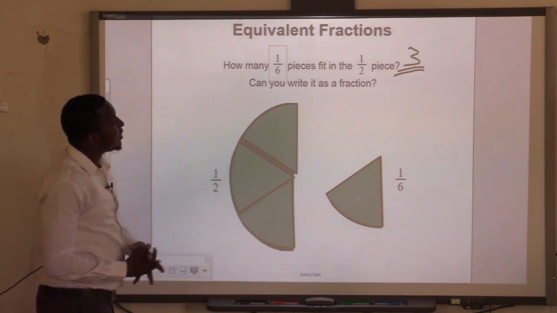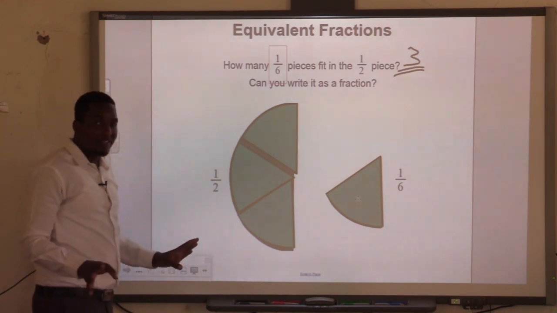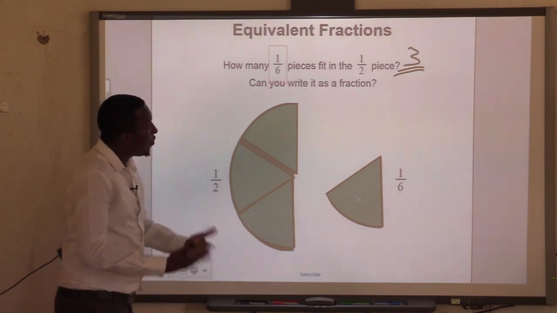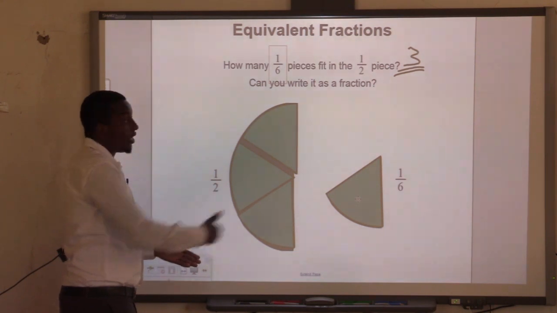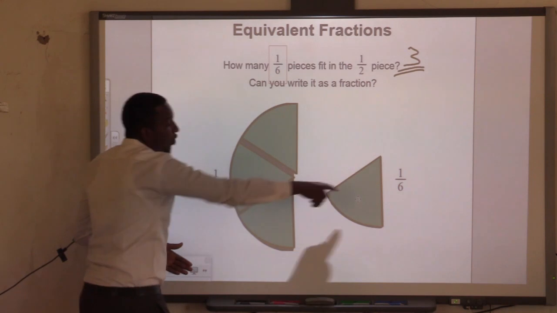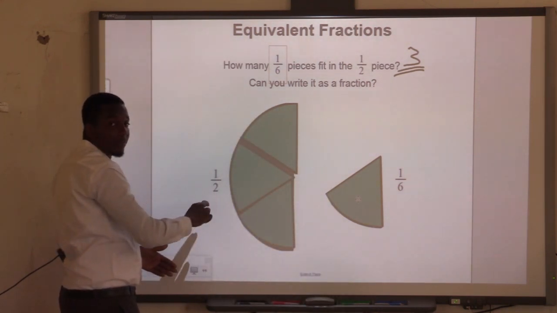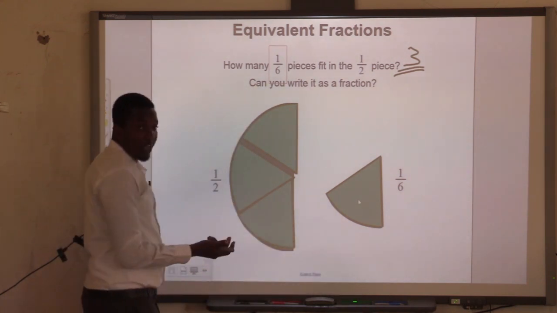The second question is saying, can you write it as a fraction? Yes, it can be written as a fraction. All we need to know is how many of the pieces can fit in it. Already we've established that 3 pieces of the 1/6 is what fits in the half. So in order to write this as a fraction, how many pieces do we have?